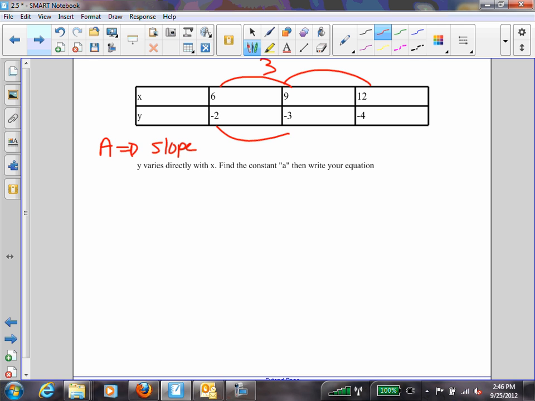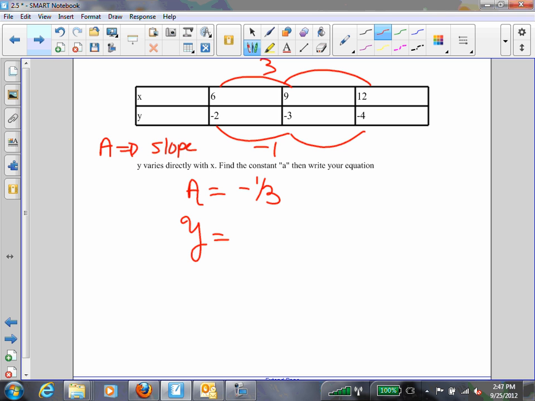And here? 1 or negative 1? What is my a? 3 over negative 1 or negative 1 over 3? And so what is my equation? Y equals negative 1/3 x.